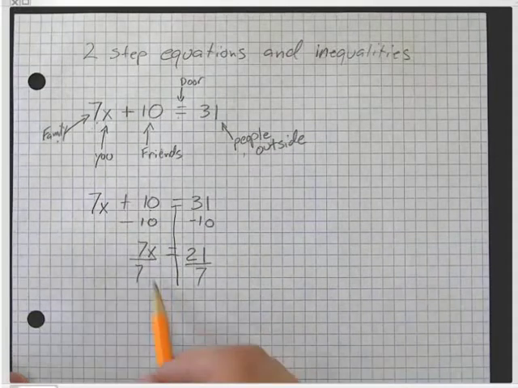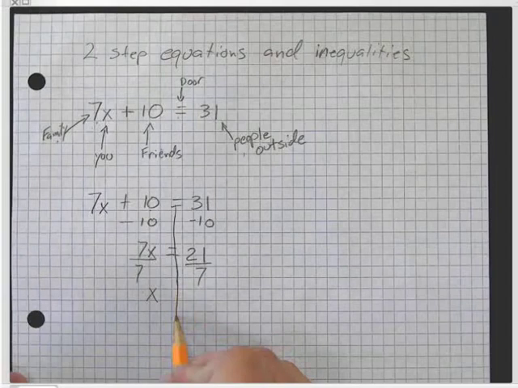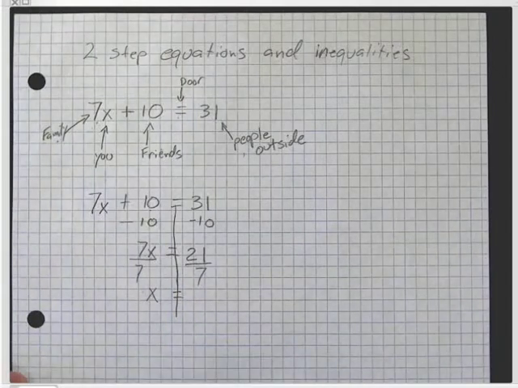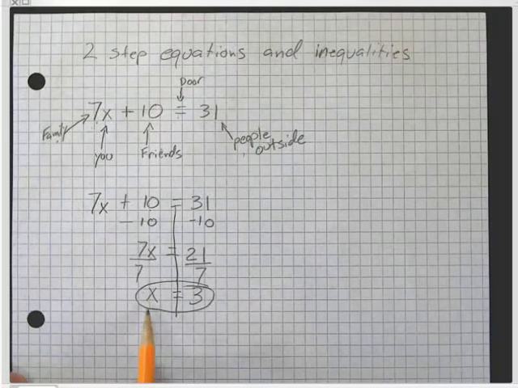Then this 7 over 7 becomes a 1, or a 1x. And you know that if there's a 1x, you don't have to write the 1. You can just write x equals 21 divided by 7, which is 3. And this is your answer. You by yourself at your party now, and x equals positive 3.